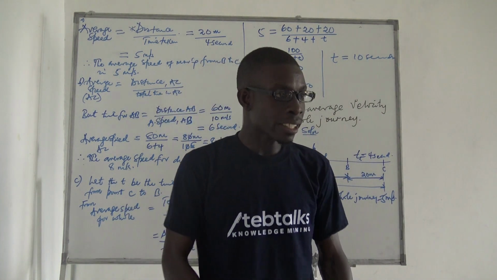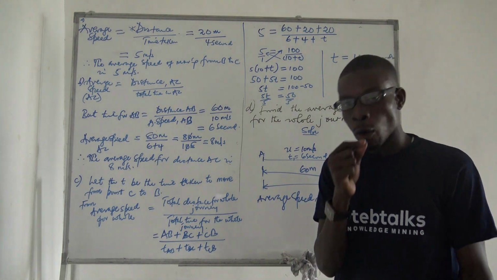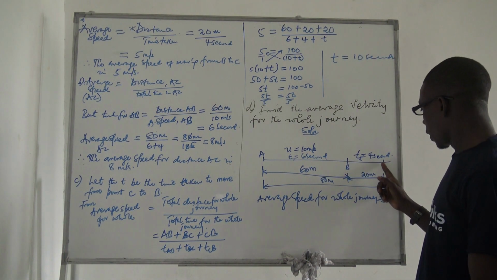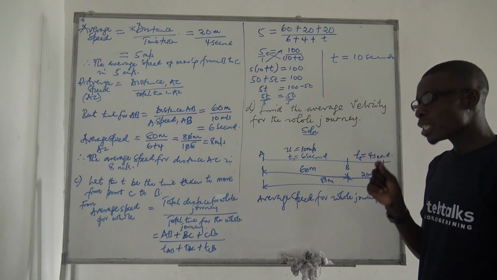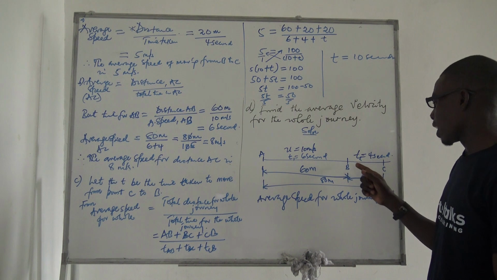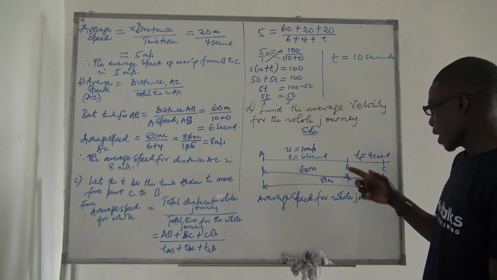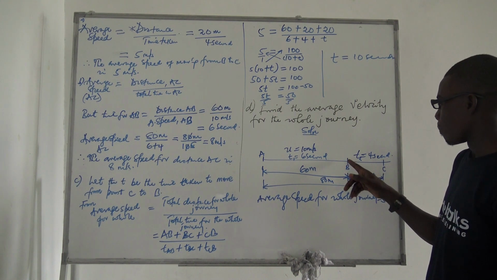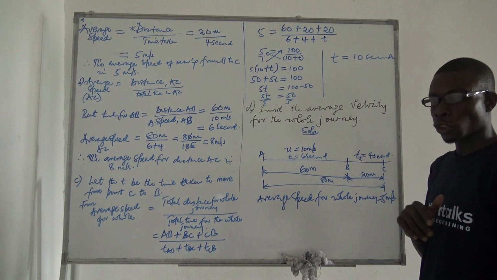How did we come up about that? We said that they are interested in knowing the time taken to move from point C back to B. And we said, don't even think that the time is equivalent to 4 seconds, you see. Because I know someone may say, I think if it is taking 4 seconds to move from B to C, it should also be very true that if I'm coming back, it will also take the same.